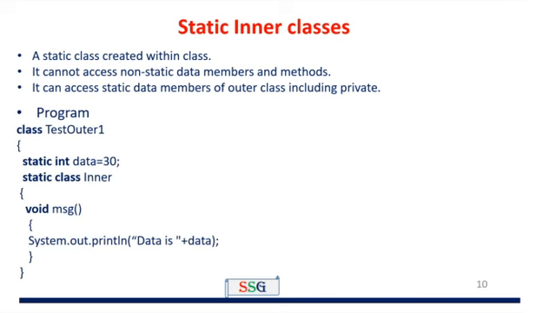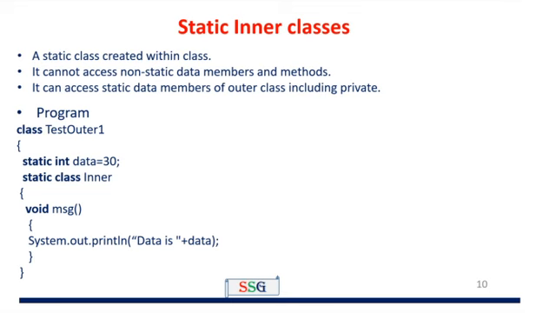Example, class TestOuter. Here the outer class name is TestOuter. TestOuter contains only one data member, the variable name is data, data type is integer, it's a static integer, static int data = 30. Next we create the static inner class. Static class Inner, and that class contains only one method, void message, System.out.println, print the value of data, output is data is 30.